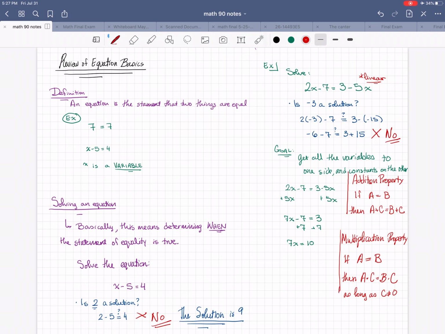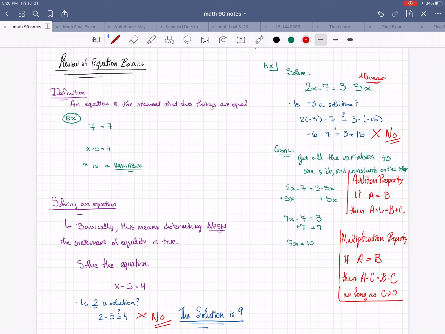If C is equal to 0, we have a problem, and I'm not going to talk about that problem right now, but we will definitely be discussing it later. Now, just like the addition property also included subtraction, because you could add a negative number, the multiplication property also includes division, because you could multiply by a number less than 1.